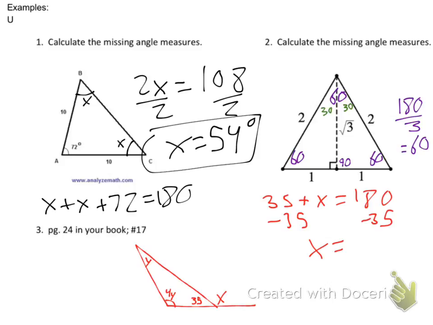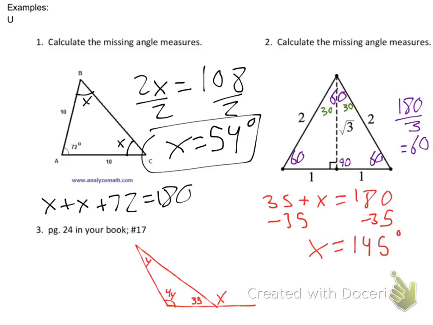x is equal to 145 degrees. Now, here's a cool thing: again, we have y, we have 4y, and 35 as my angles. It's the same variable and a constant.